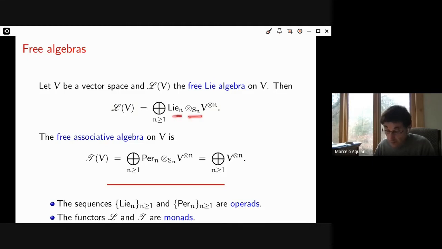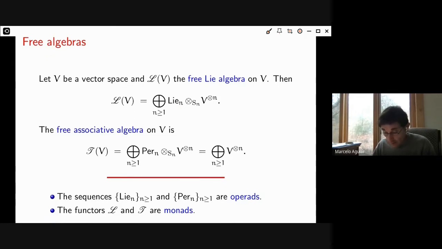S_n acts on Lie_n, and it also acts on V tensor n by permuting the tensor factors. That is the free Lie algebra, and that is the connection with the vector spaces that we've been looking at. So the vector spaces we've been looking at, and that's why this is called the n-linear part of the free Lie algebra, or the multilinear part of the free Lie algebra.